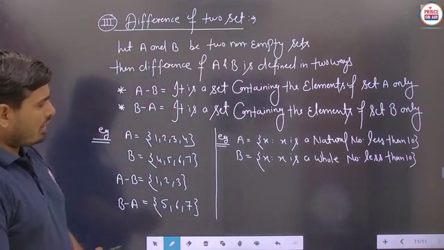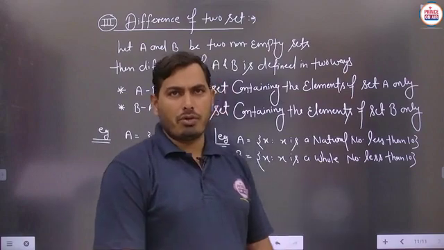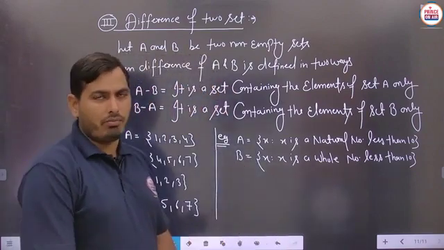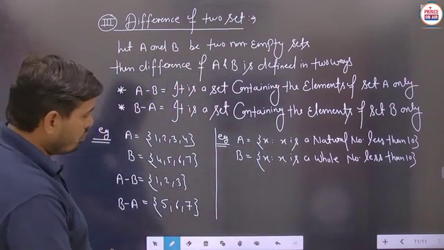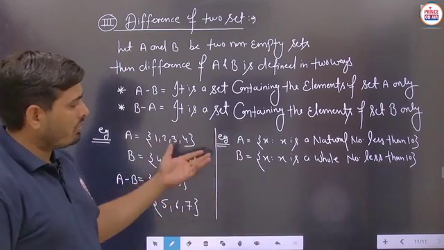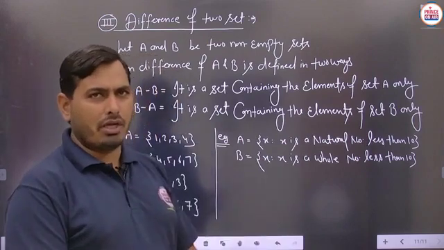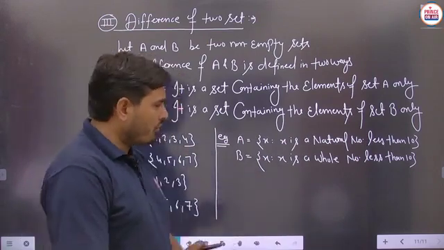So student, now the sets are given in set builder form. I think there should be no problem related to set builder form, because we have taken so many sets earlier in that form too. Suppose you want the roster form, then you can easily write down the roster form of every set.